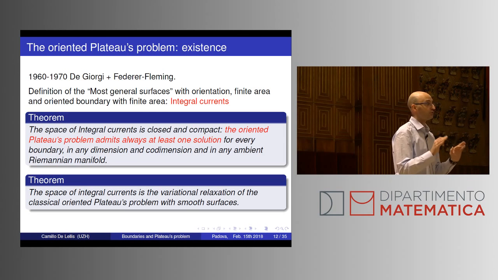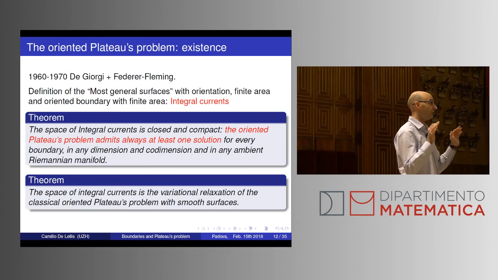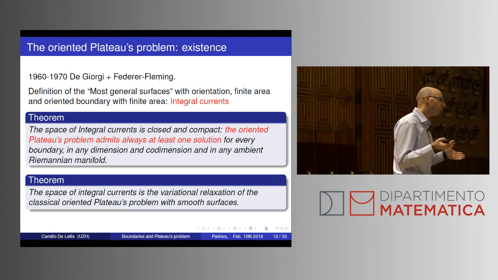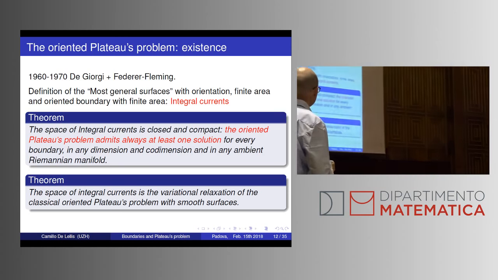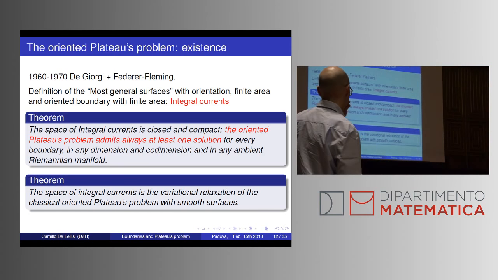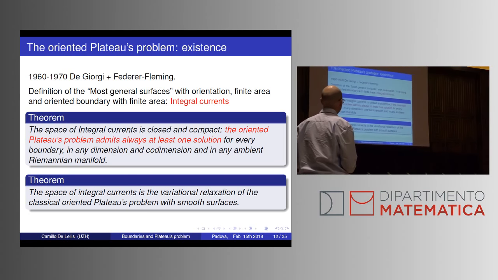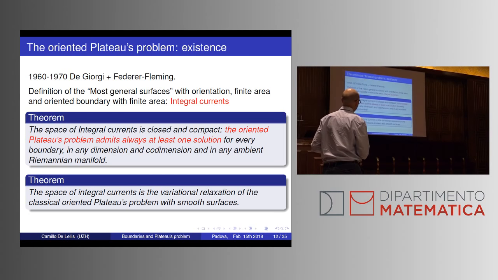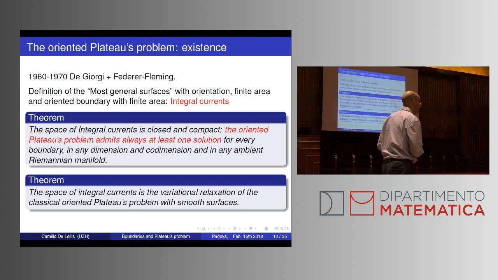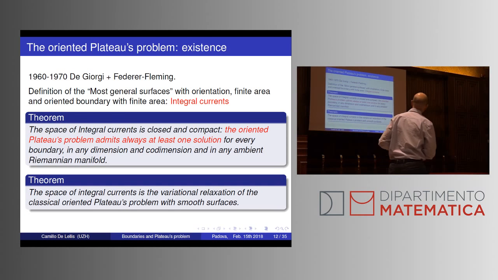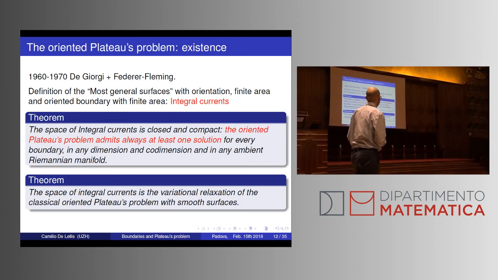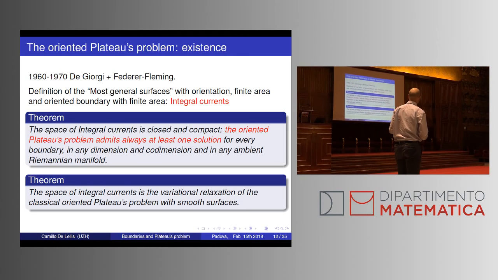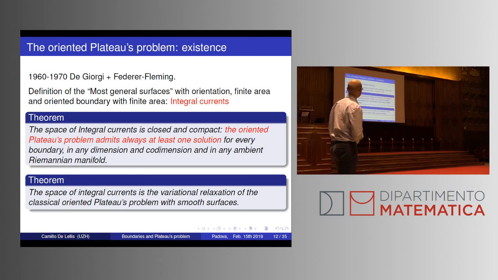The least amount of junk and irregular surfaces that you can include in your theory to have a nice problem in the calculus of variations. So these are the two theorems which are fundamental. And for the experts, here I'm just giving a poor man version of the compactness theorem, and here I'm giving a poor man corollary of the deformation lemma, your famous theorems.